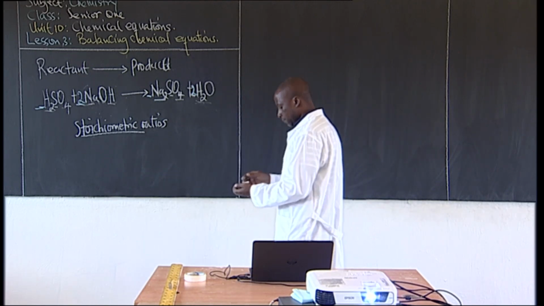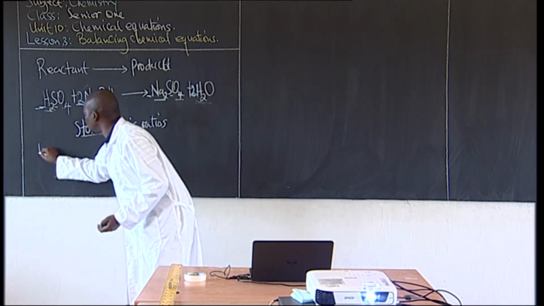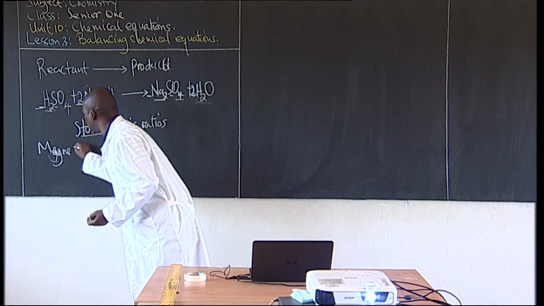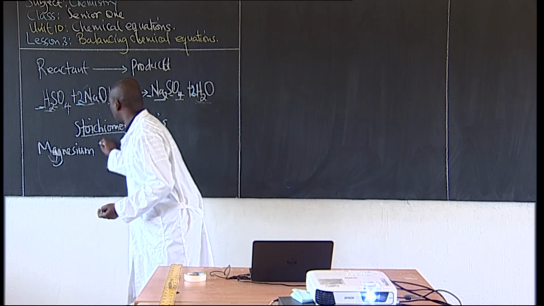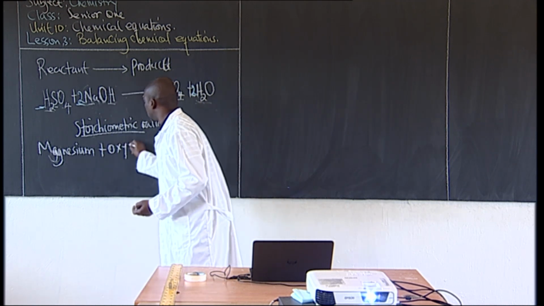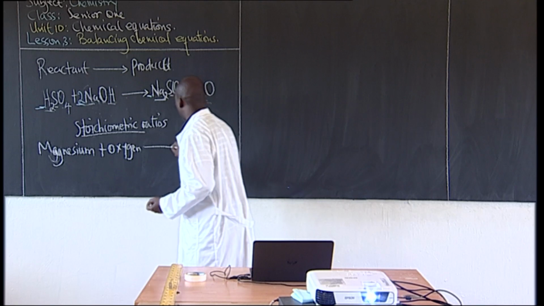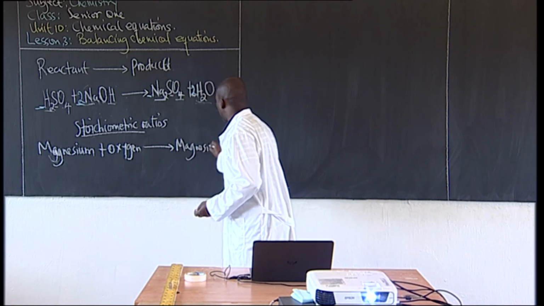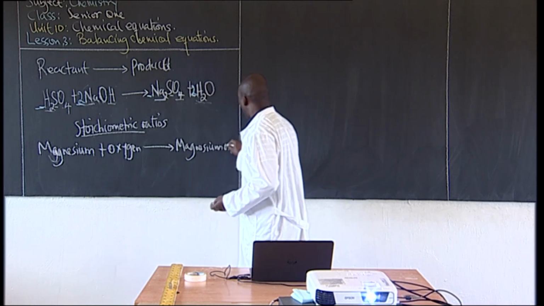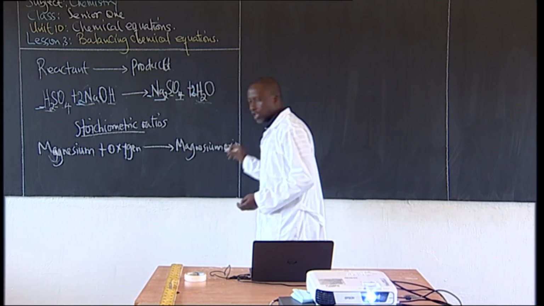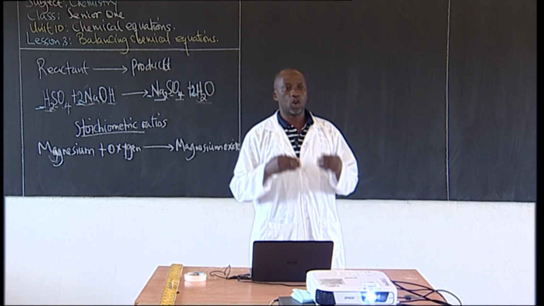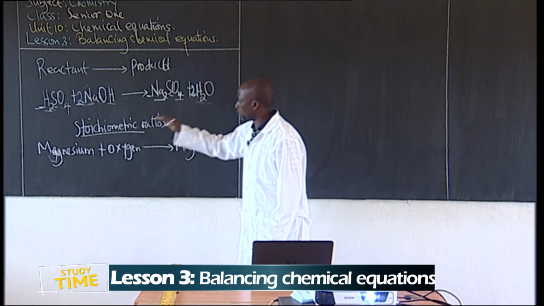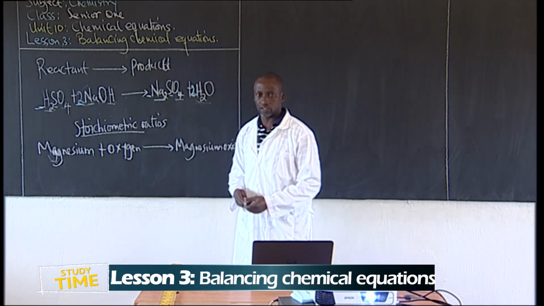For example, if I have magnesium, we start with the word equation, magnesium plus oxygen. This will give magnesium oxide. So after writing the word equation, what will be the next? Write the correct symbol and formula to represent what you have written in words.